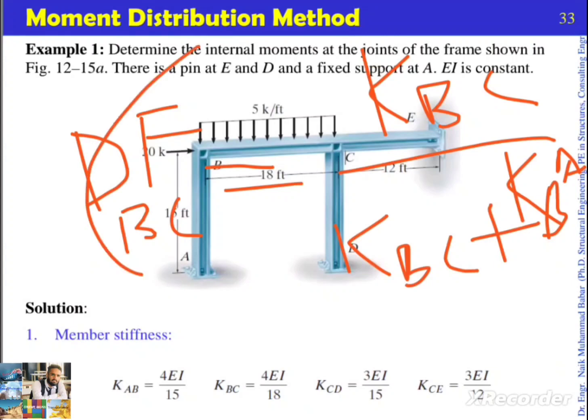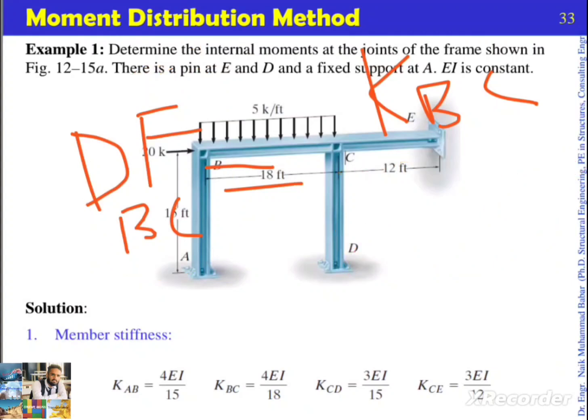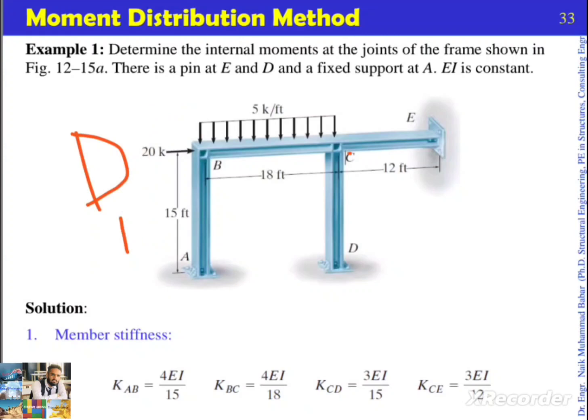So we will get the distribution factor for BC, and now for CB. Remember this, at joint C there are three members attached: CB, CE and CD. In the denominator we will add three member stiffnesses.